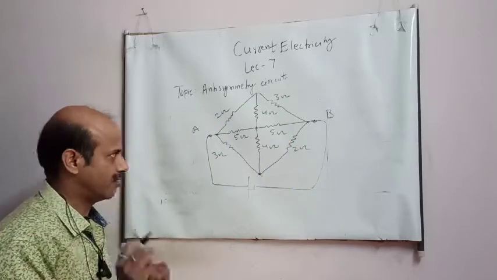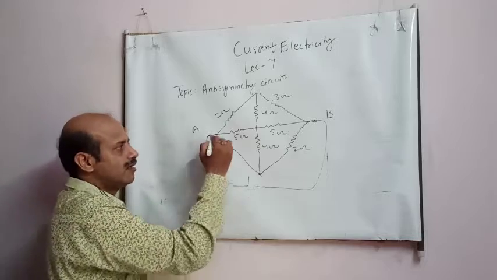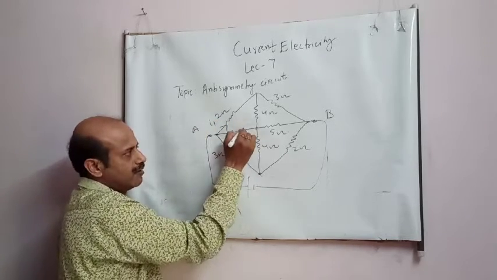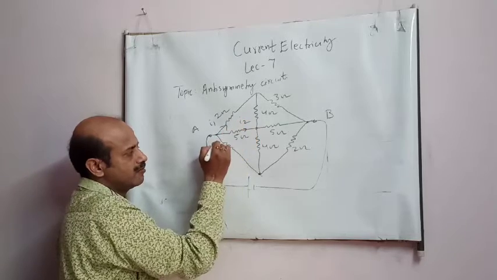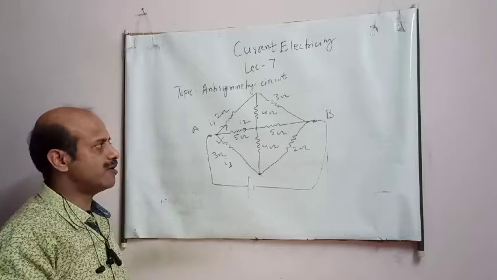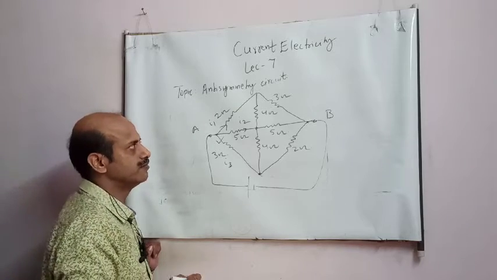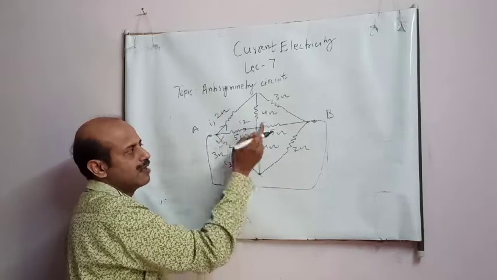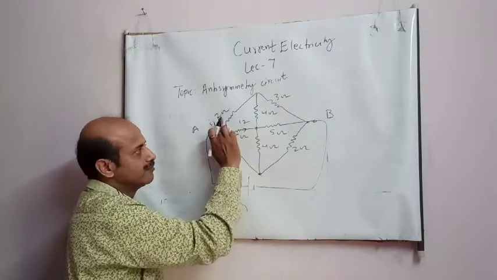Okay, student. Now, suppose in this resistor current is I1, this current is I2, and this current is I3. Now you see, student, symmetrical rule. This is 2 ohm, this is 2 ohm. The current anti-symmetry rule, okay?